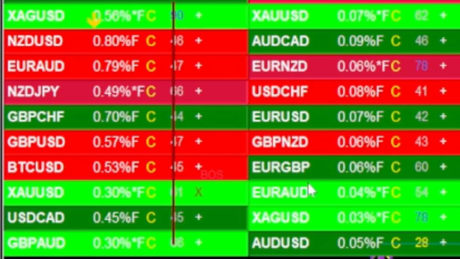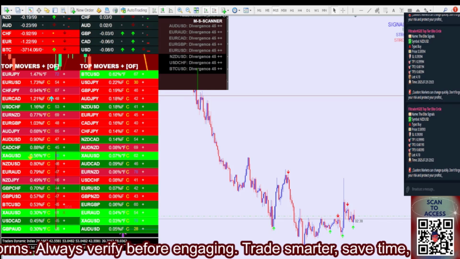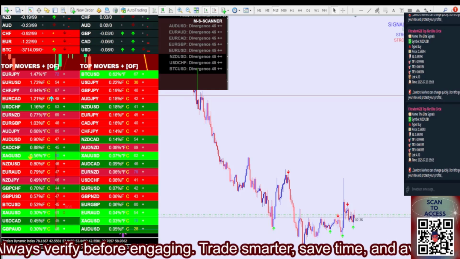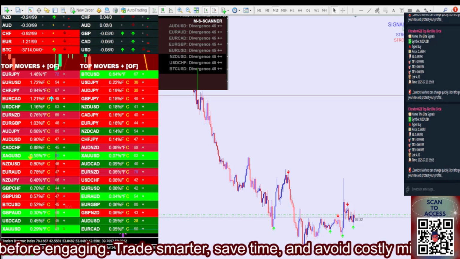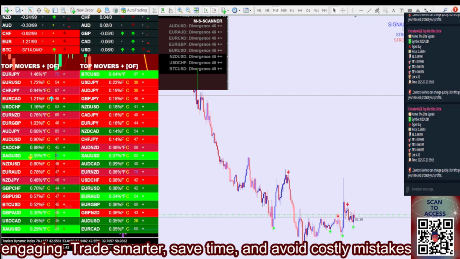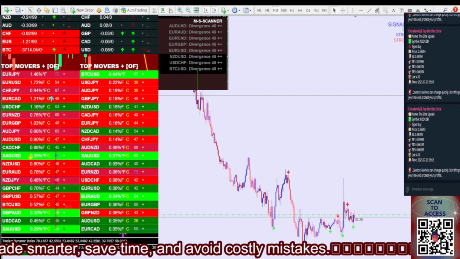EURAUD in the bigger picture is selling, but the divergence wise is actually buying. So that means I'm going to also buy EURAUD. The methodology, the concept is very simple. All right, EURCAD.